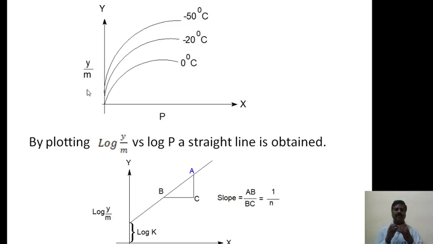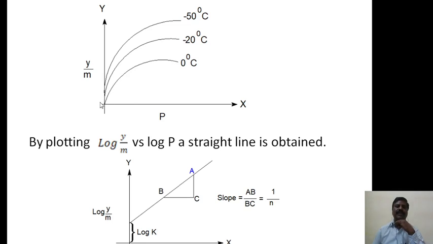Isothermals or isotherms means a series of curves obtained at different constant temperatures by plotting y/m against pressure. Here at 0 degrees Celsius, the temperature is kept constant, and the adsorption y/m against pressure takes this type of curve.